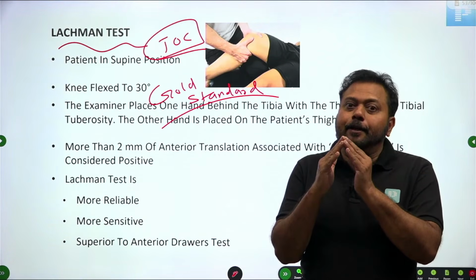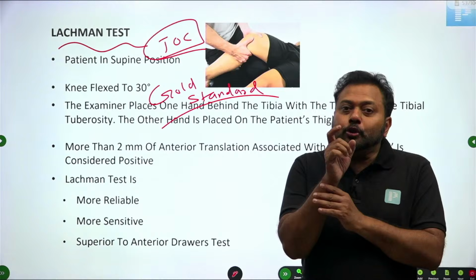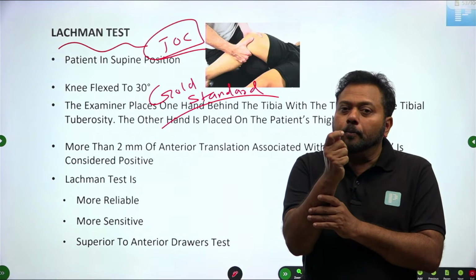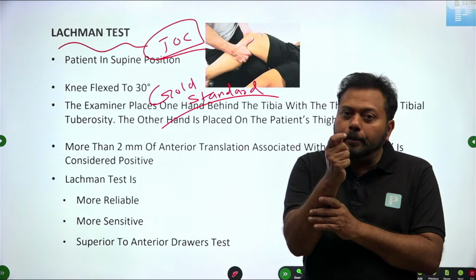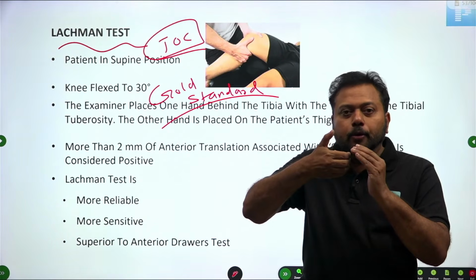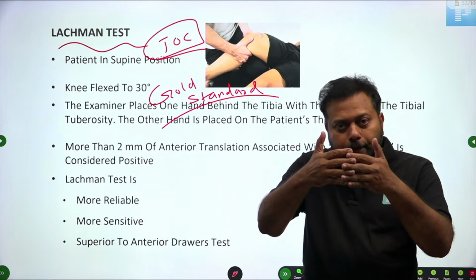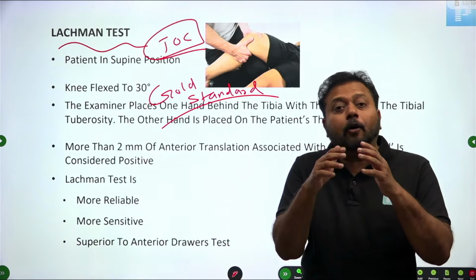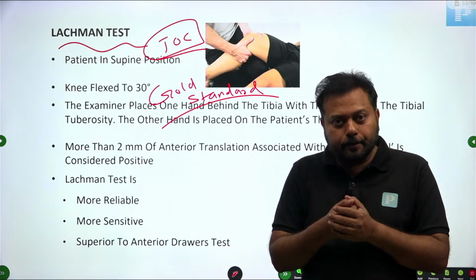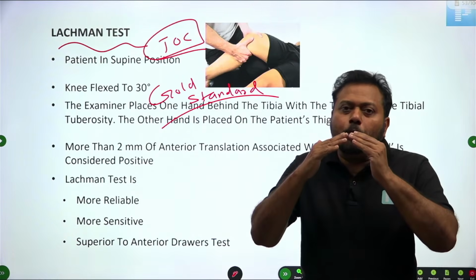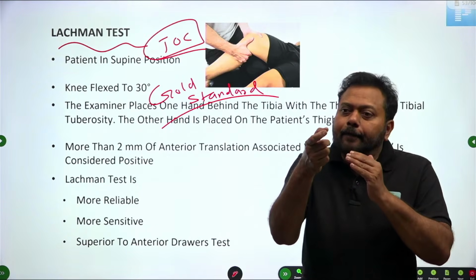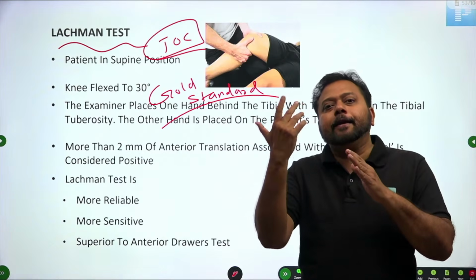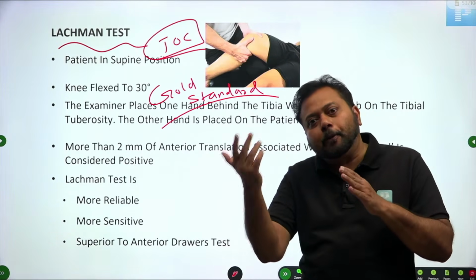When you flex the knee joint to 90 degrees, the posterior horn of the medial meniscus can come and hold the tibia, and when you try to do an anterior drawer, sometimes the posterior horn may hold the tibia. It will give a false negative anterior drawer. But when you flex the knee only to 30 degrees, that phenomenon cannot happen. So guaranteed, if the anterior cruciate ligament is gone, it will show you positive.